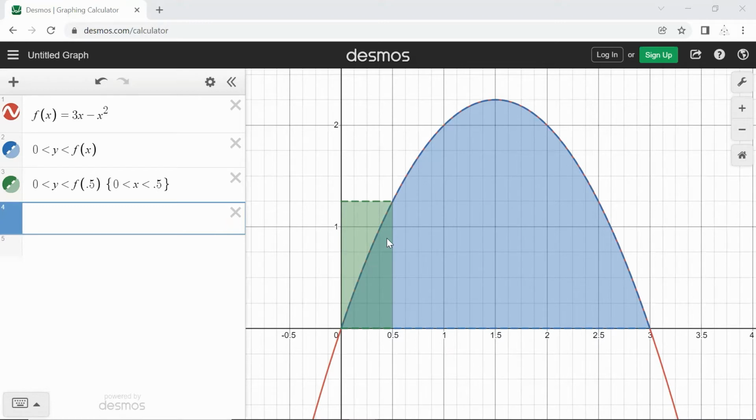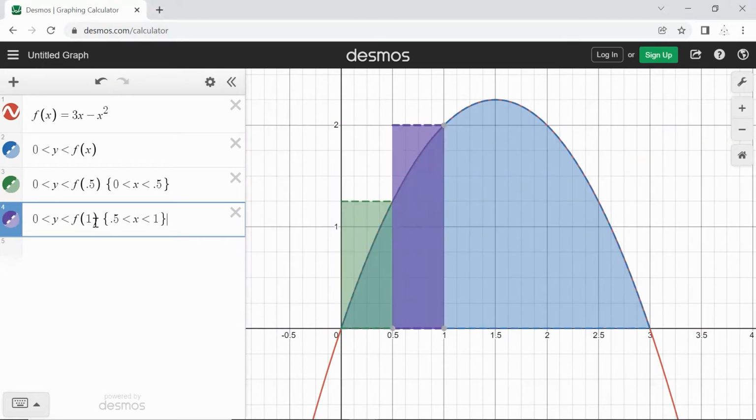But it is an estimate. It might not be a very good one right now, but it is an estimate. And then we do the same thing from 0.5 to 1. We create a rectangle whose height is the same as the function value and whose width goes from 0.5 to 1. Let me type that in as well. And you can see that rectangle there.